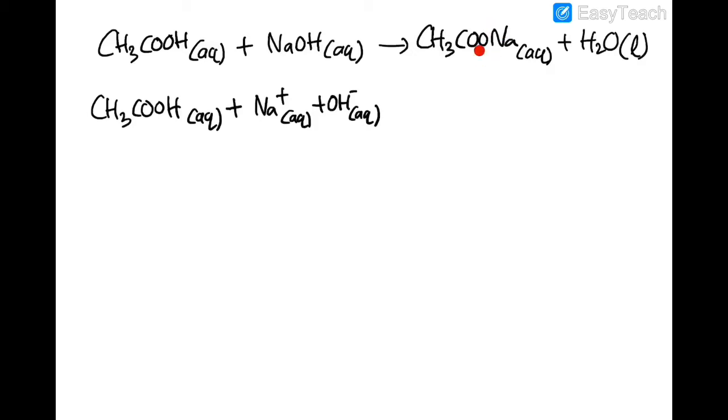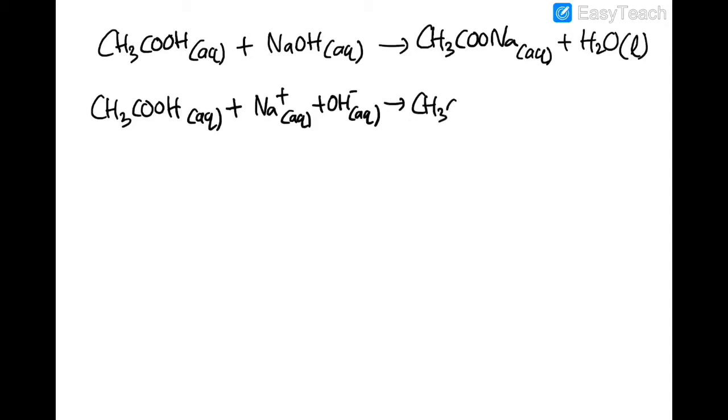What about this? This is a salt. How do we know that this is a salt? Because it comprises a cation, which is sodium plus, and an anion, which is CH3COO minus, or the acetate ion. Therefore, because this is a salt, it will also dissociate completely in water.